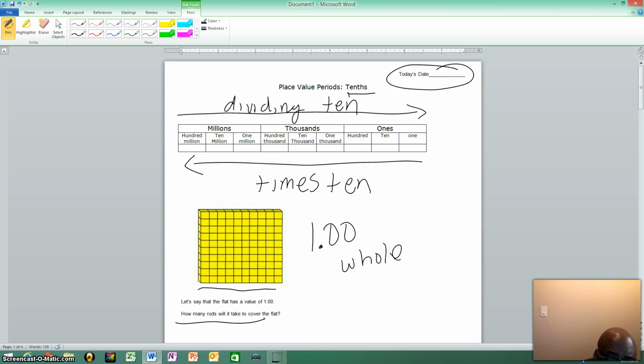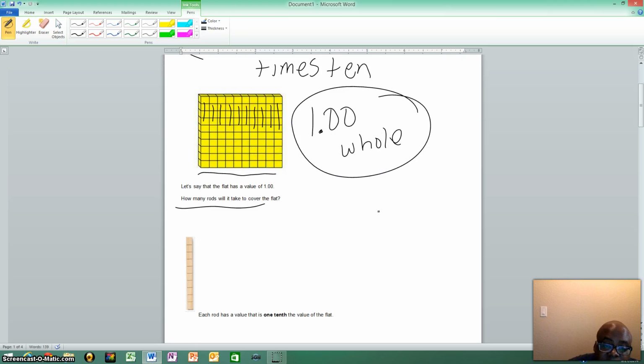Well, if we look at these rods, it'll take 1, 2, 3, 4, 5, 6, 7, 8, 9, 10 rods to make one whole flat. It's going to take 10 of these rods to make one whole.